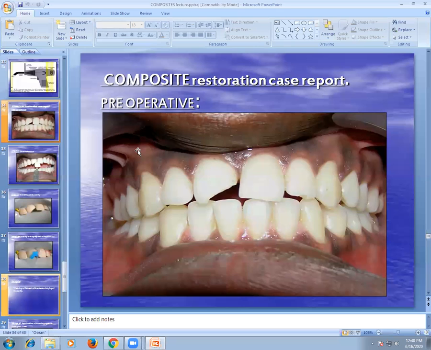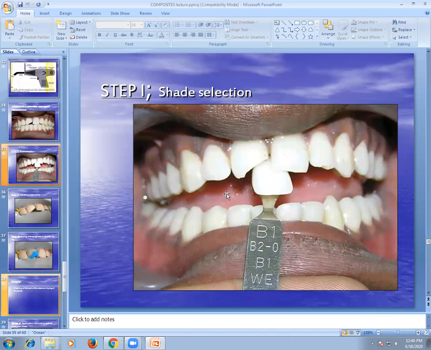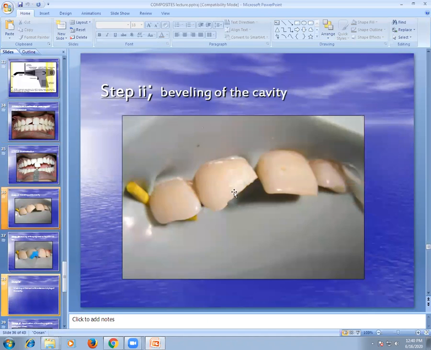But sometimes in composite, we do need to give a bevel to remove the unsupported enamel. Like in this anterior case, you can see there is unsupported enamel. So after the selection, we have removed that unsupported enamel, and we have given a proper bevel. So to remove the unsupported enamel, sometimes you need to give a bevel in the plastic materials.